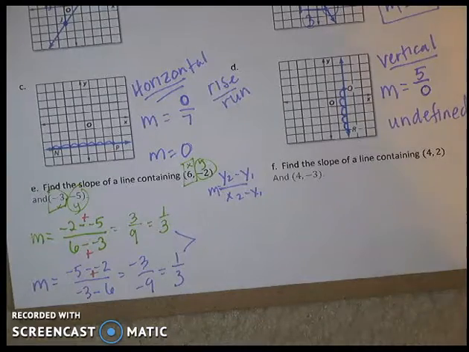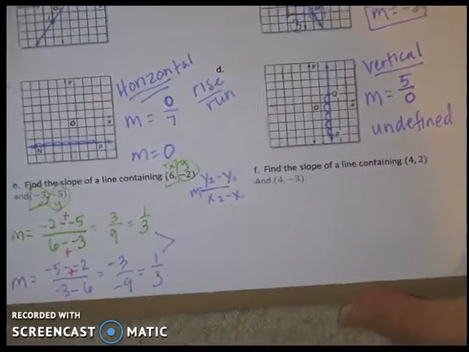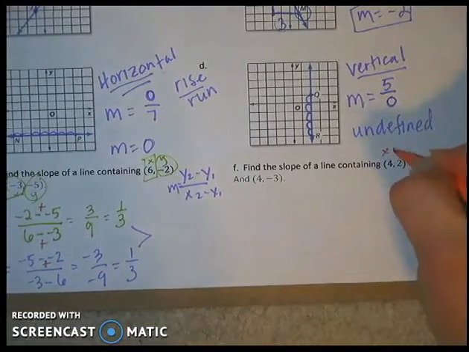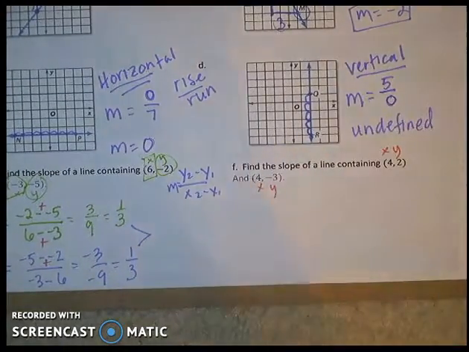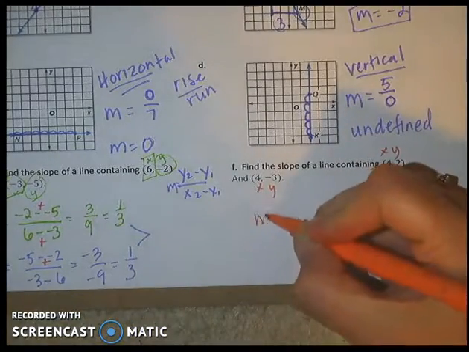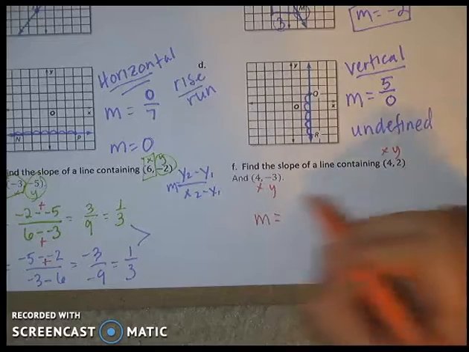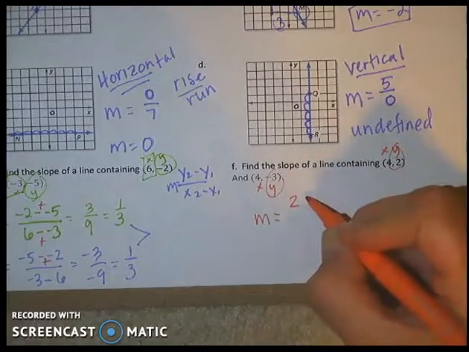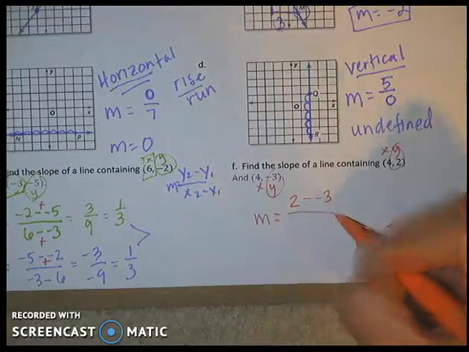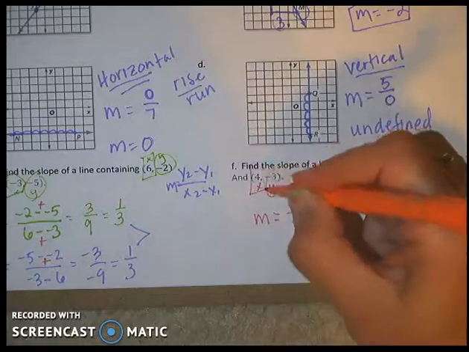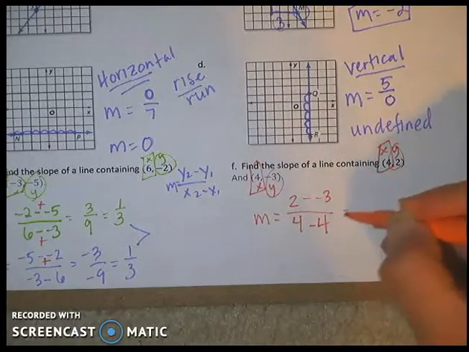Go ahead and look at part F. For part F, we have an x, y point and an x, y point. We're supposed to find the slope. So I'm going to subtract my y's. My y's are 2, here's a y, 2 minus -3, over my x's, 4 minus that x, which is 4 as well.